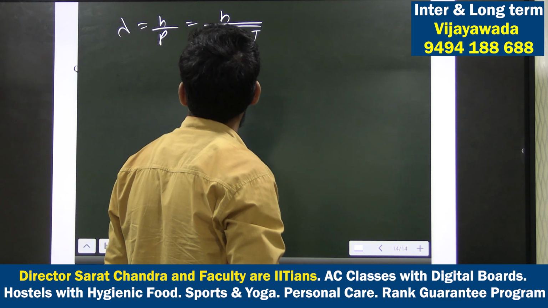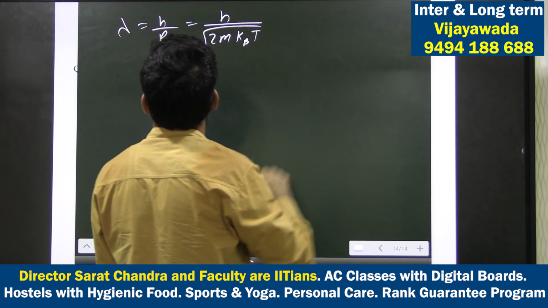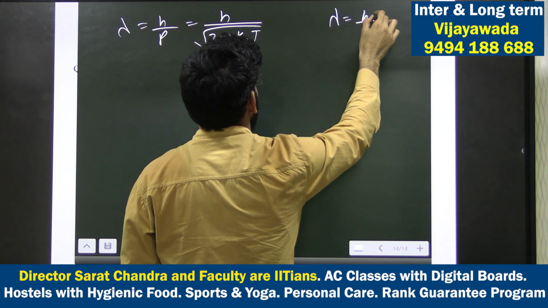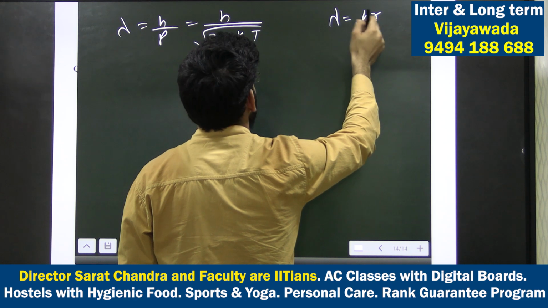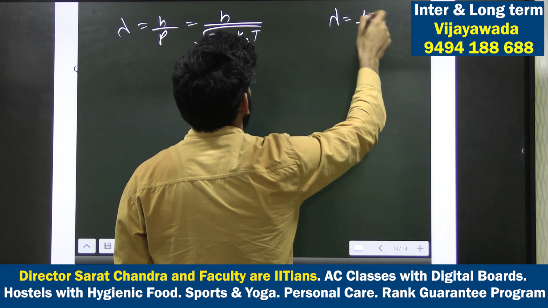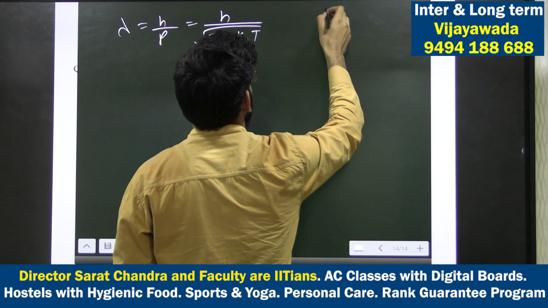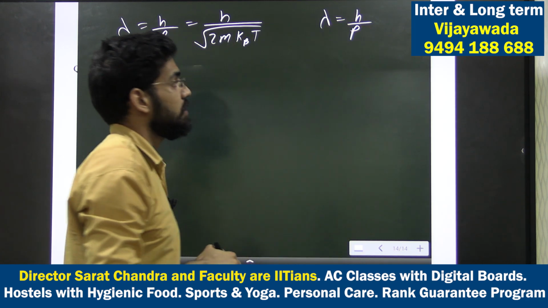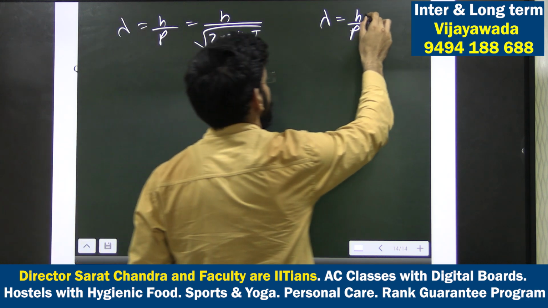And for this lambda, I can write lambda is also h by p, you multiply with r and divide with r. Okay, so lambda equals h by p, momentum that is mv, multiply with r, divide with r.